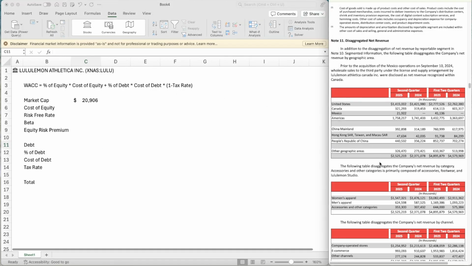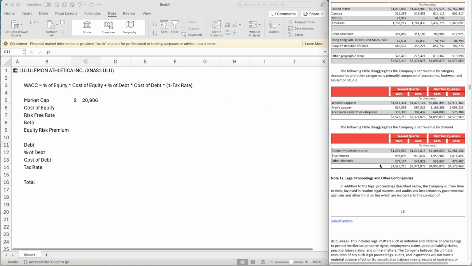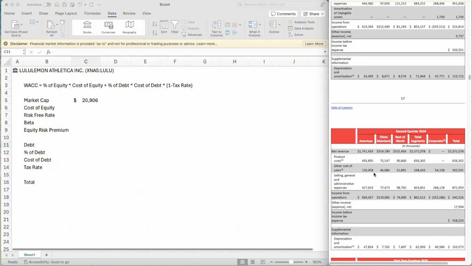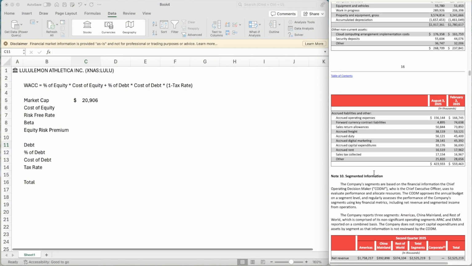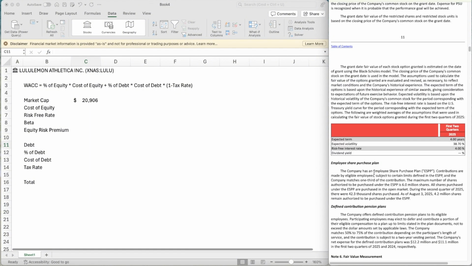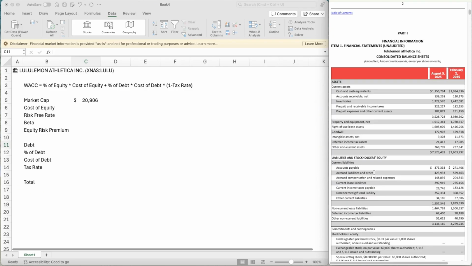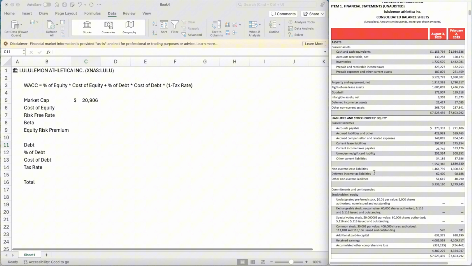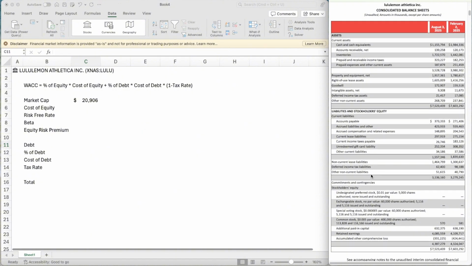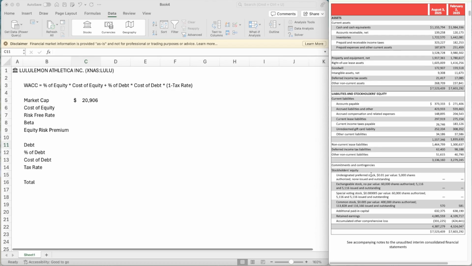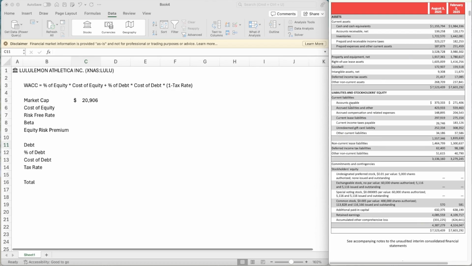Let's get onto the balance sheet. Remember this page, page 19. Here we are. Okay, so we want to look at current liabilities.